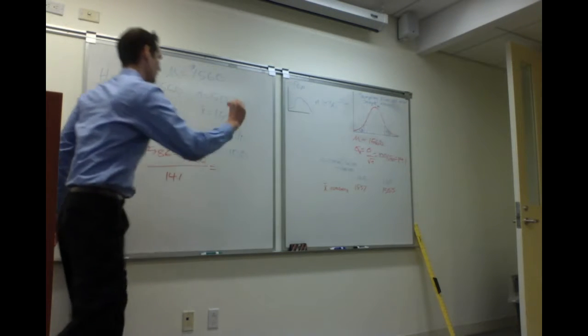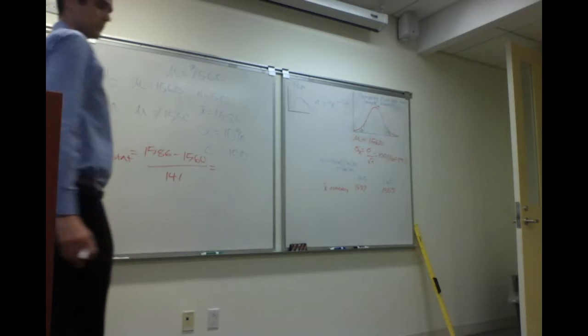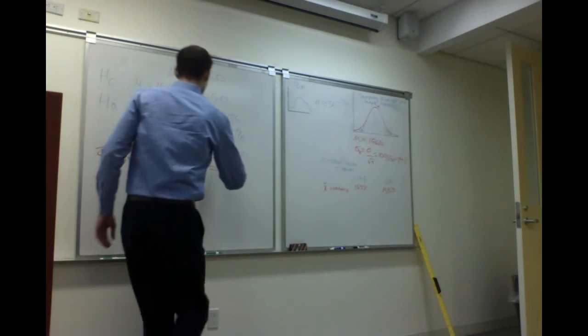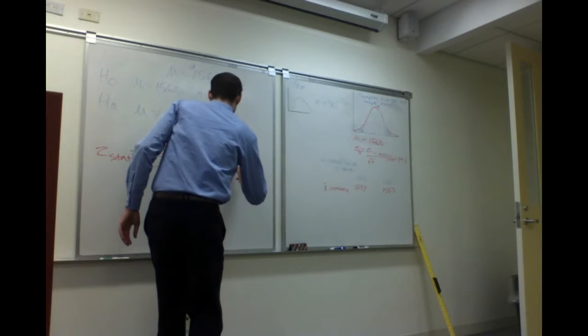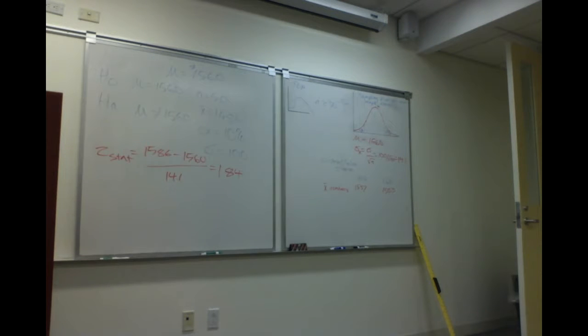What do we get when we crunch that out? 1.84. So that is a z-statistic, a z-score of 1.84.